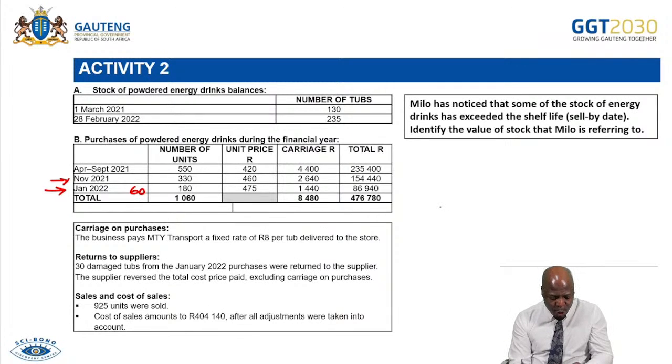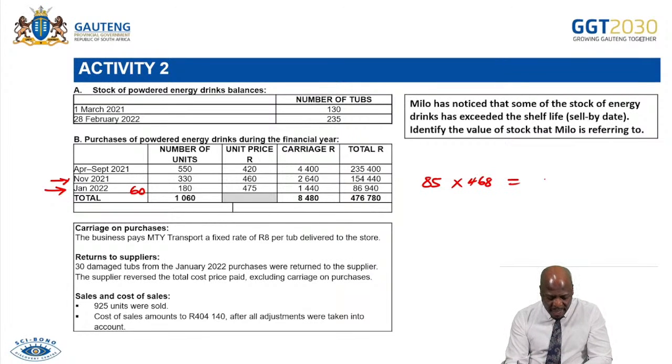Remember, we did that calculation already. And we found that the units from November that have not been sold were 85. There were 85 units from November that were not sold. And those 85 units, remember, they were going for 468. I've taken you back now to question number 1.